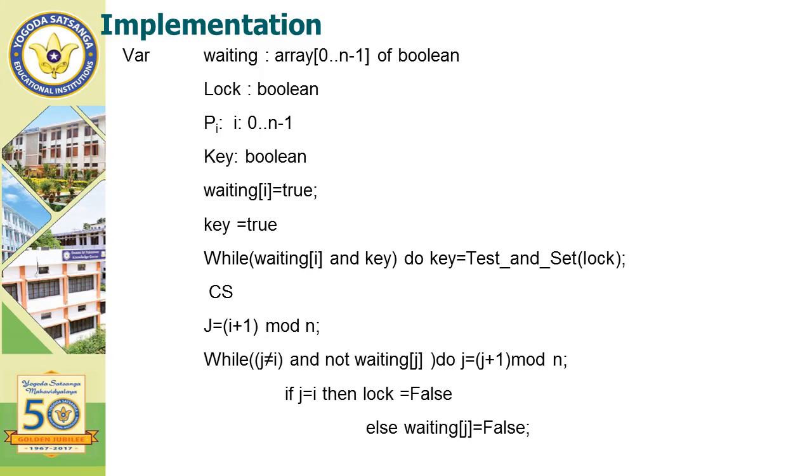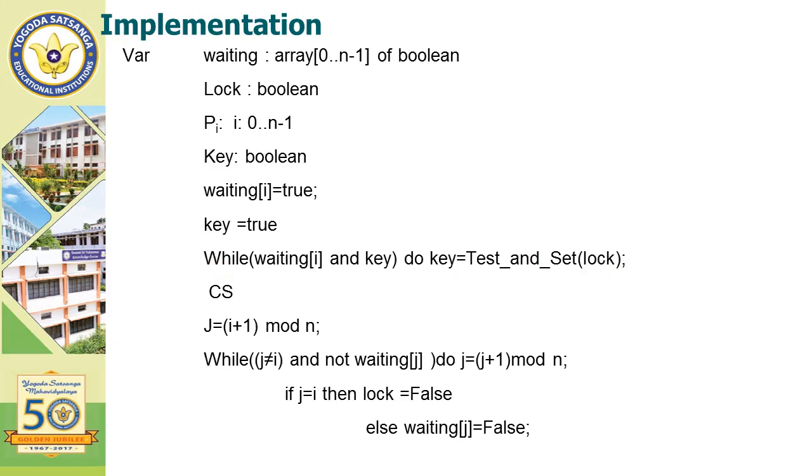Now, in the exit section, this code is executed to implement the progress principle. In the entry section, we have seen that at a time only one process can execute the critical section code.